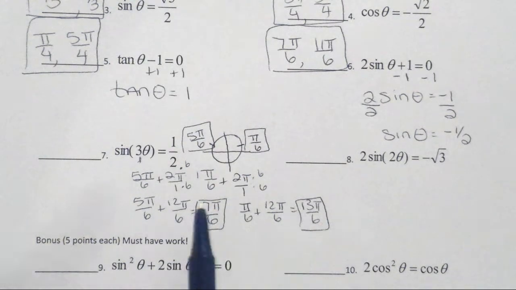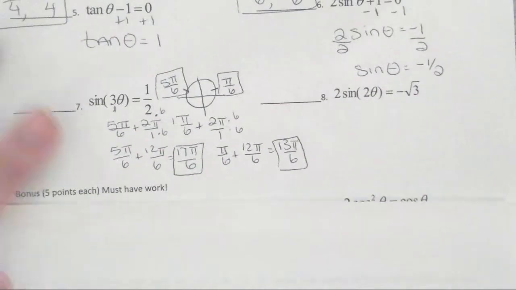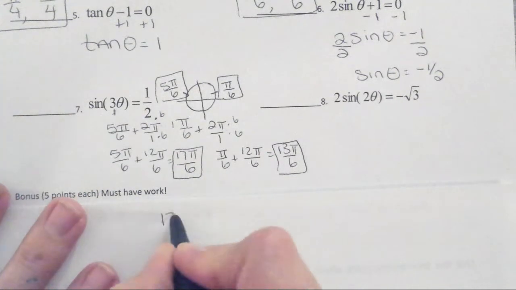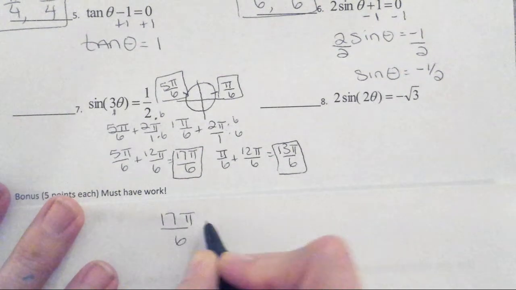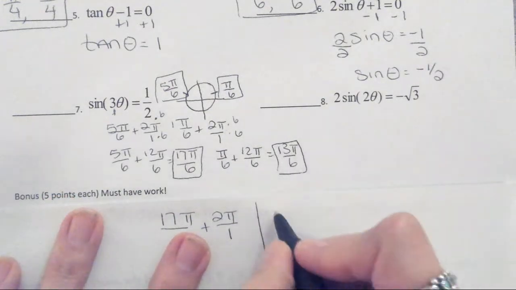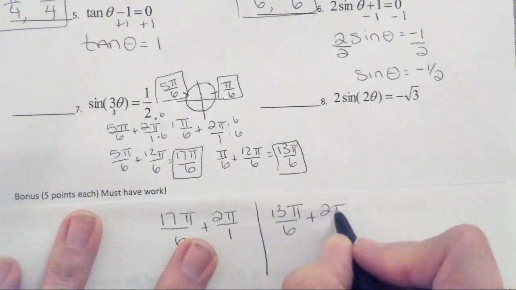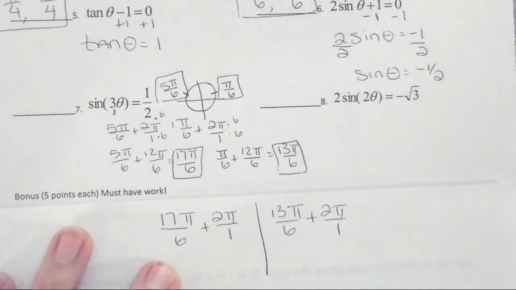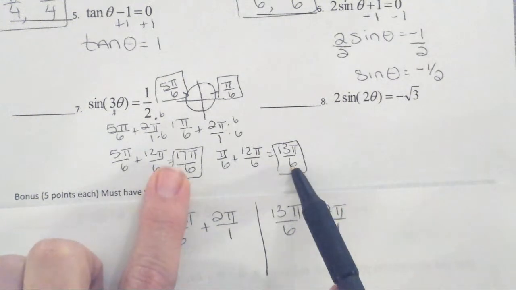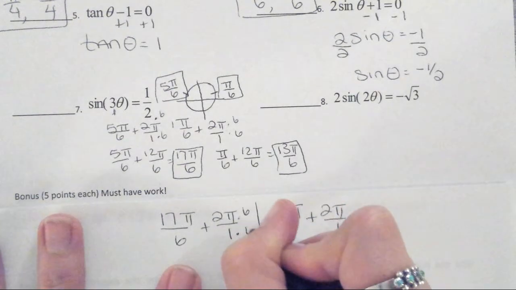So I'm going to add 2 pi again. We've got 17 pi over 6 plus 2 pi. And then I'm going to have 13 pi over 6 plus 2 pi. Doing the same thing, taking the previous answer and then adding 2 pi to it. I'm going to get a common denominator again.